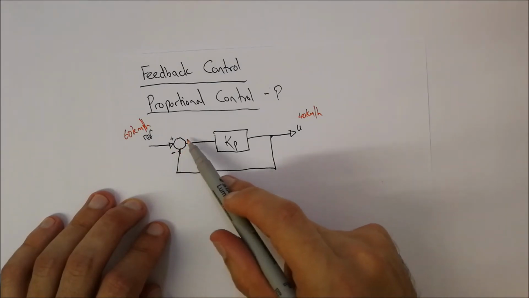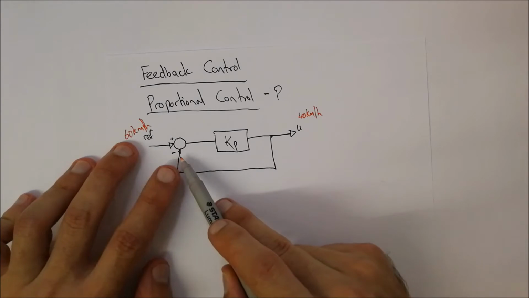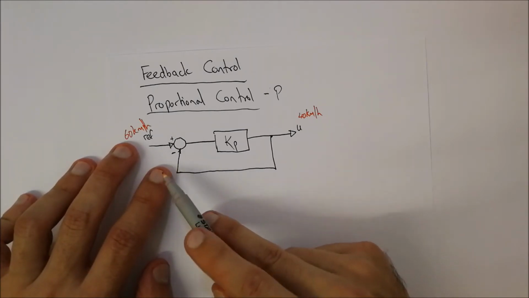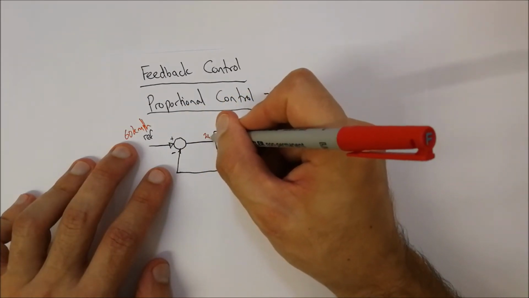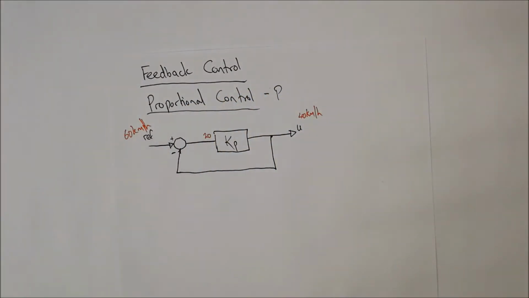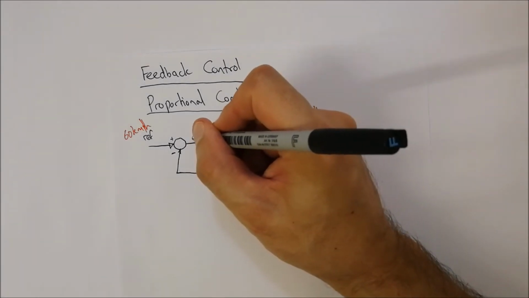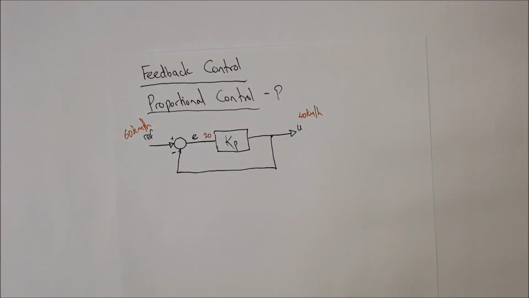It will be added to this adder. So that will say, okay, well, it's 60 minus the 40 that's coming in here, which gives you a value of 20. So over here, you're going to then have a value of 20. Now that is known as your error. Okay, so we often refer to it as just an E. That's the output coming out of that adder.